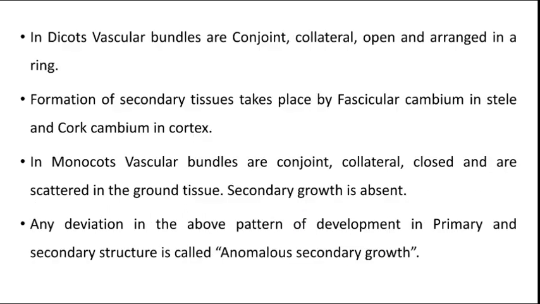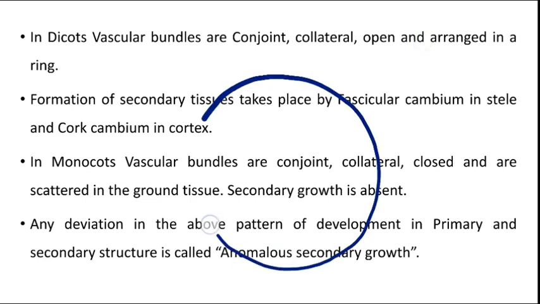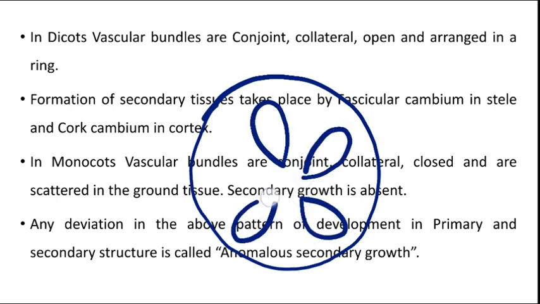In dicot stems, the vascular bundles are conjoined, collateral and open, because they have cambium, and xylem and phloem are present in the same radius and arranged systematically in a ring. Formation of secondary tissues takes place by fascicular cambium. What is fascicular cambium? Suppose this is the stellar part and these are the vascular bundles.